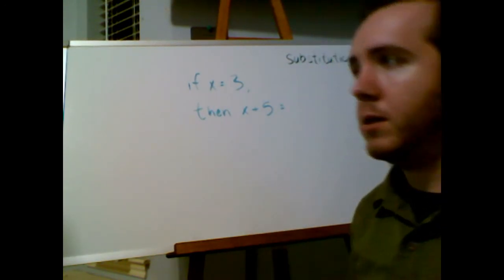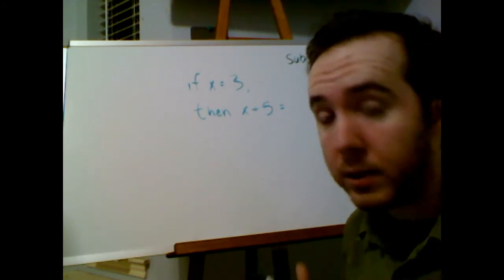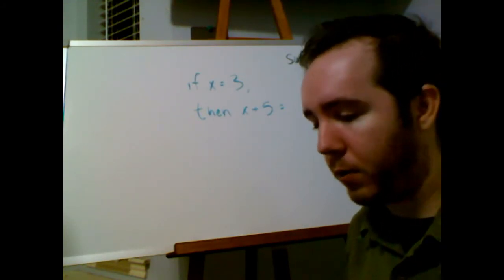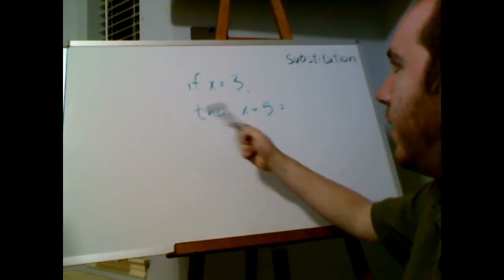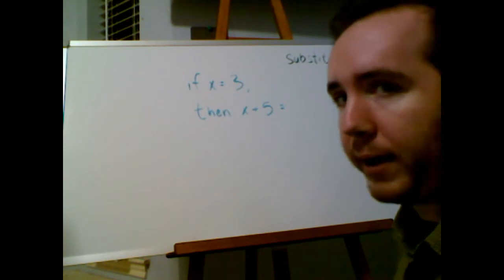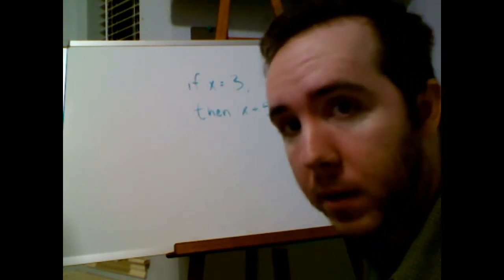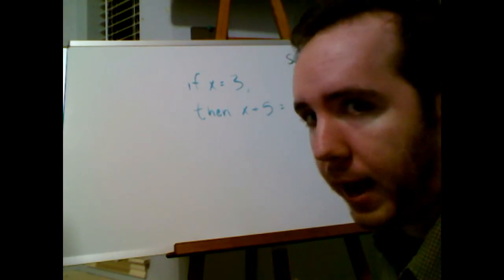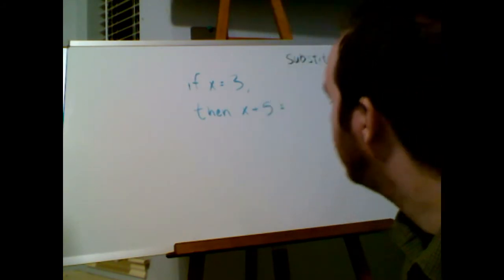Okay? Substitution. Same way that a substitute teacher stands in for a standard teacher, a 3 can stand in for an x at any point. Because we have decided in this problem, not always the case, but in this problem, x equals 3.